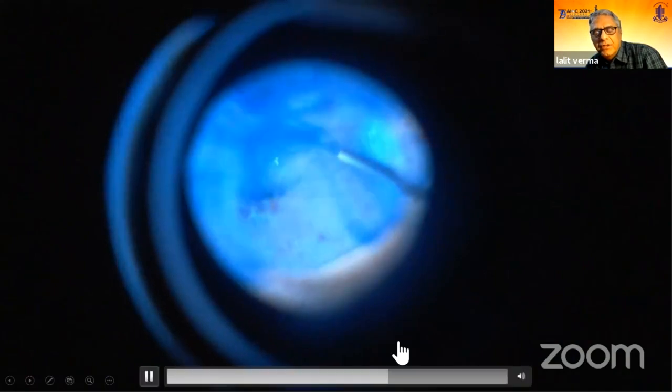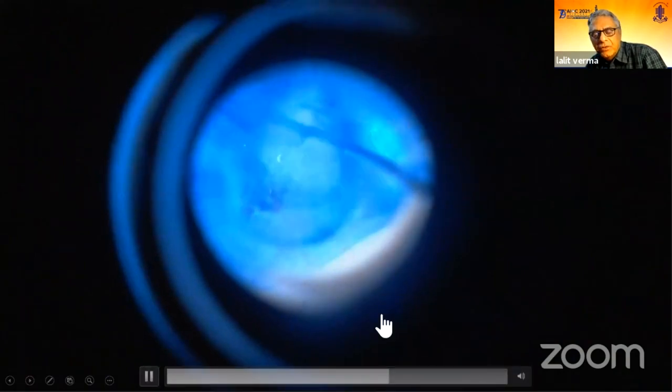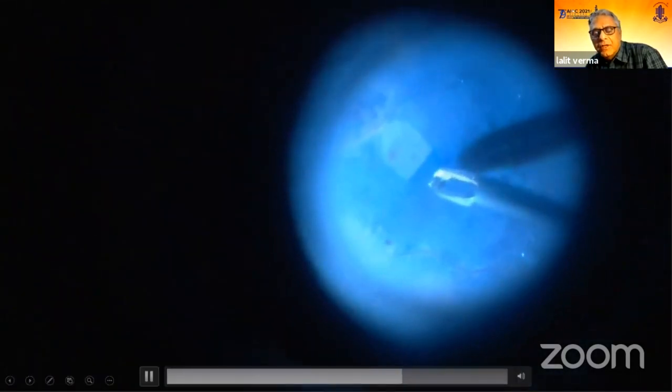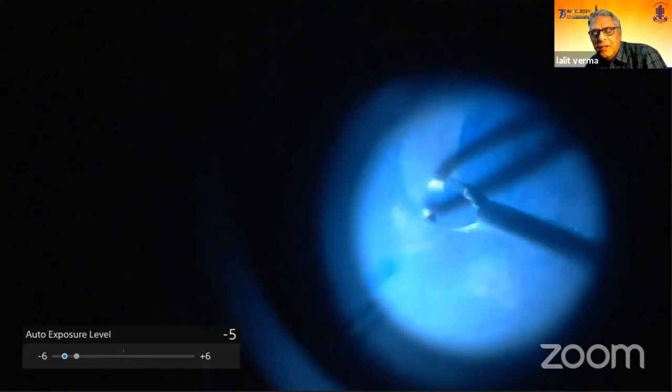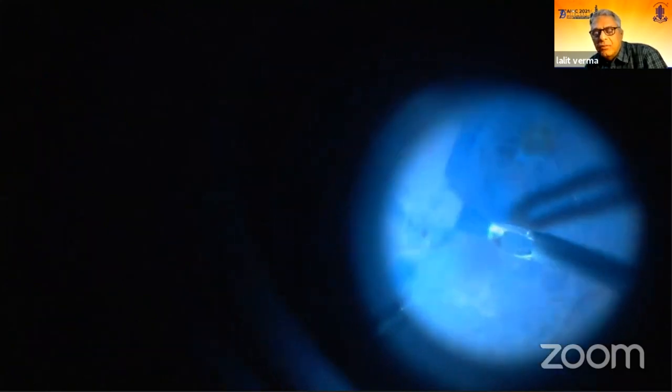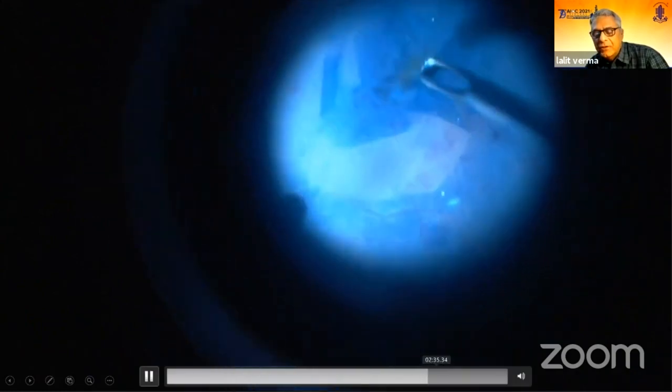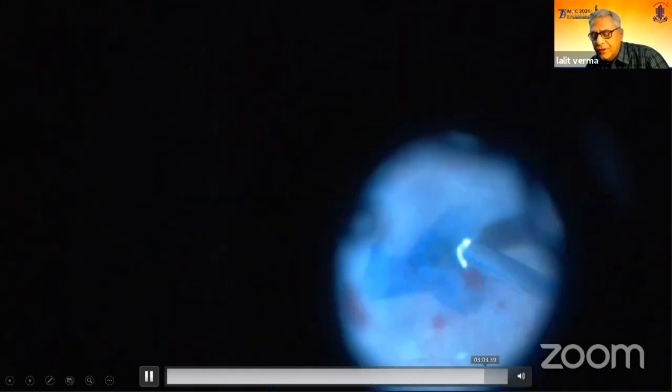So I injected BBG dye also to peel ILM. I don't peel ILM in all diabetics, but we do give it a try, and if it comes, it definitely reassures that all the pre-retinal components have been taken care of. But if the retina is very boggy and you are struggling, then don't insist on ILM peel in all these patients. So this patient, I was lucky that ILM came out nicely, and that was the end of the surgery.